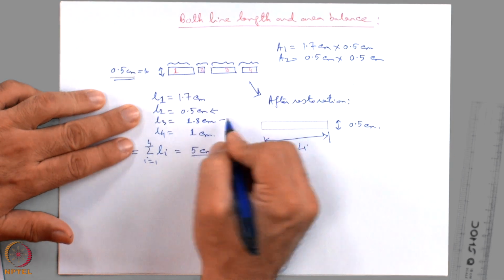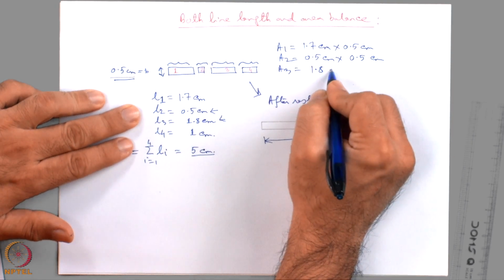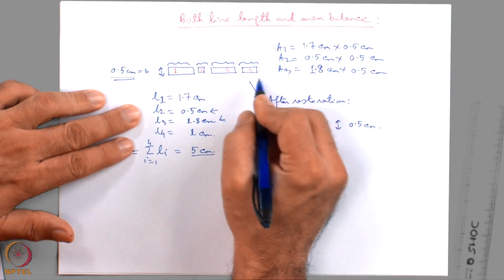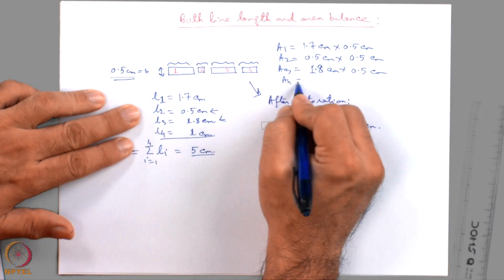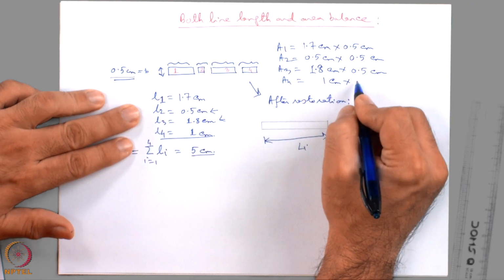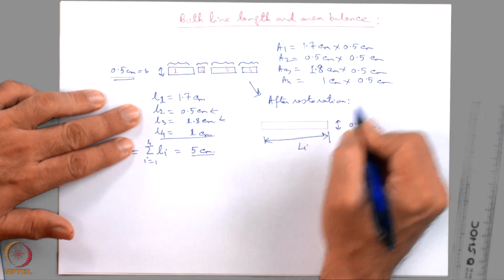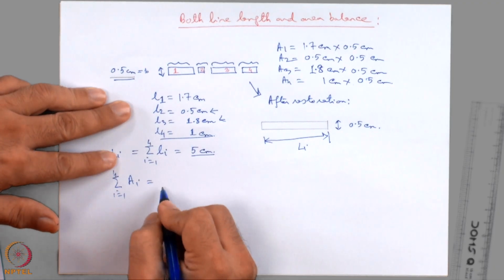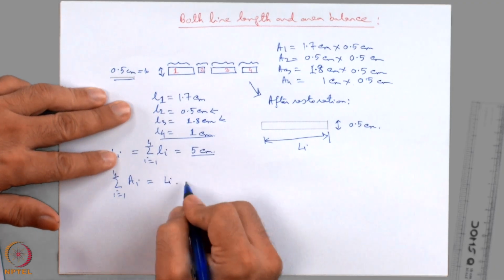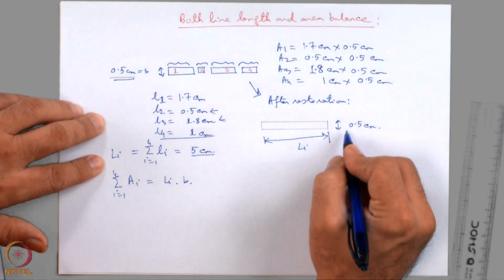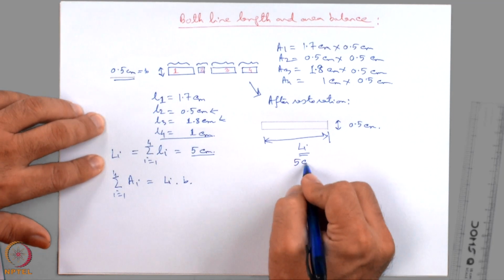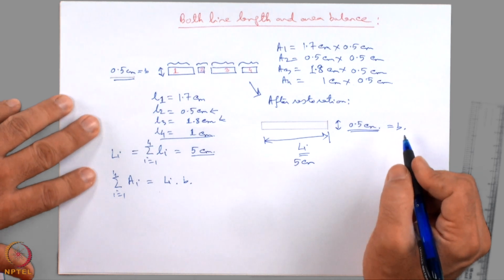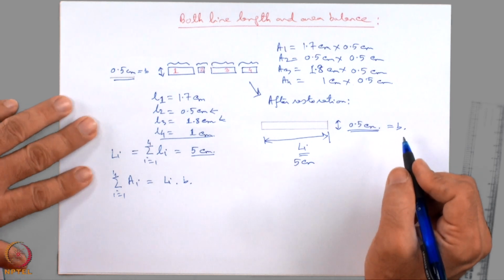For block 3 it is 1.8 centimeter multiplied by 0.5 centimeter and for block 4 it is 1 centimeter multiplied by 0.5 centimeter. If I add up the areas, I find it is the same as Li multiplied by B. This is Li which is 5 centimeter and this is equal to B. So, both line length and the area have been balanced.